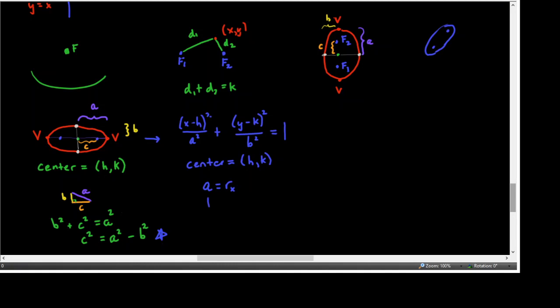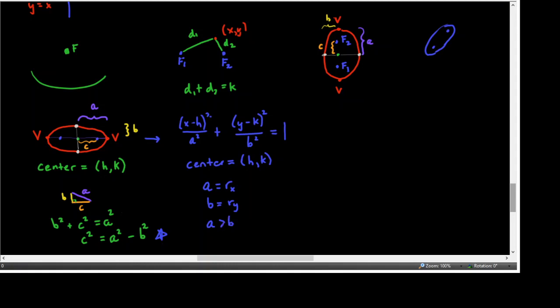And b in this problem is what I like to call the y radius, because in this picture it's the distance I'm moving from the center in the y direction to get to the endpoints of the minor axis. And by the way, since a gives us half of the major axis, and b gives us half of the minor axis, a is always bigger than b.